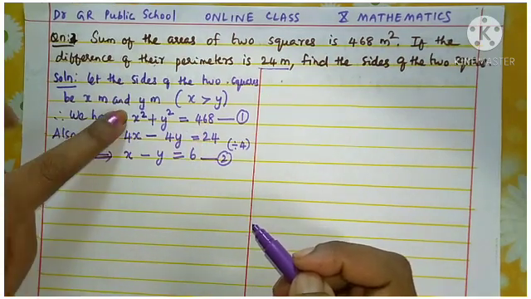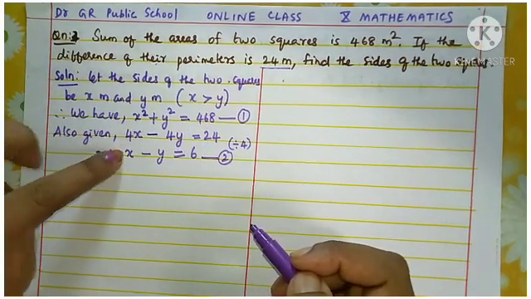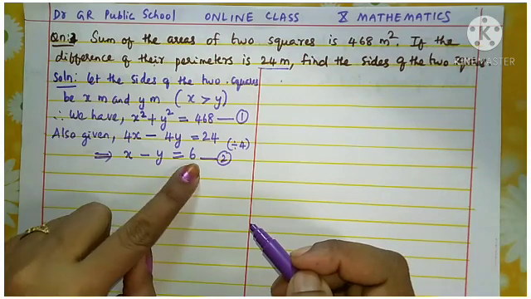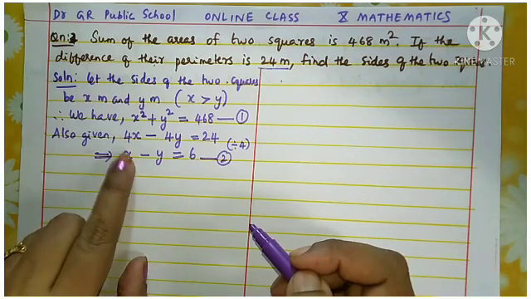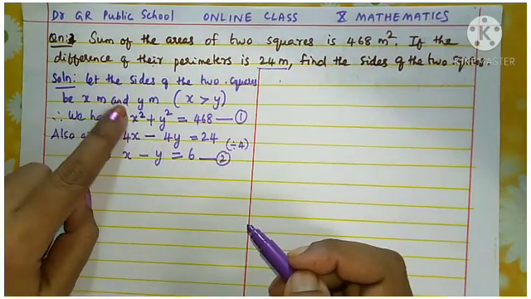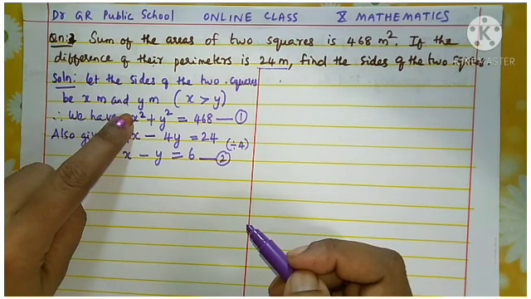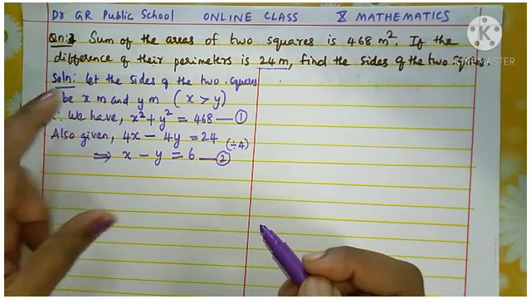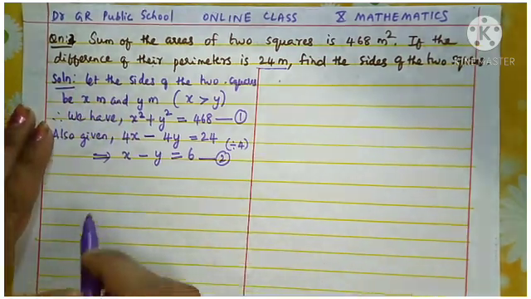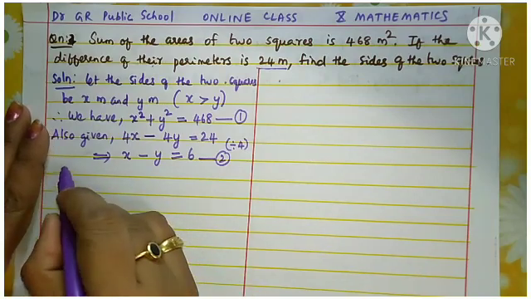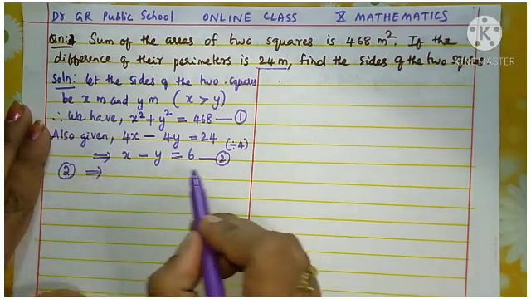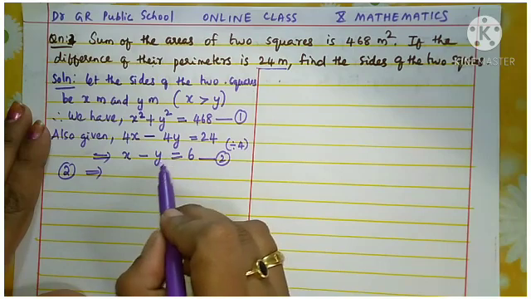Now you see children, from these two equations, if you find the value of one variable from this equation, you can put that value in the first one, substitute, and find the equation in the other variable. Okay, so what I am doing, I am going to find the value of y here.